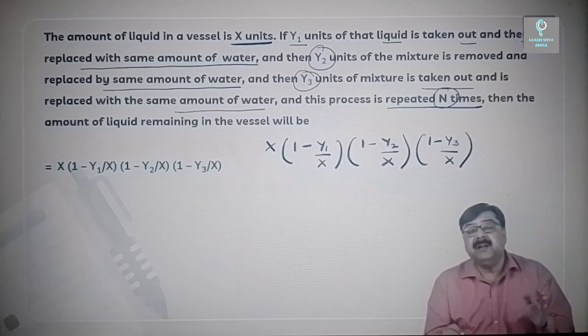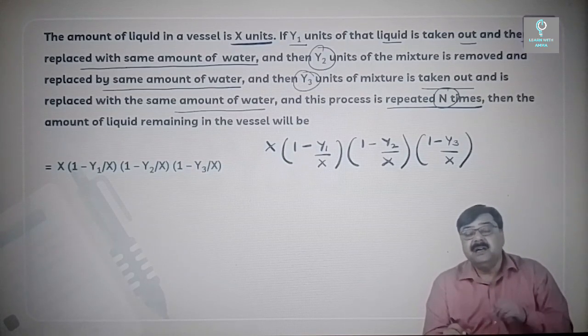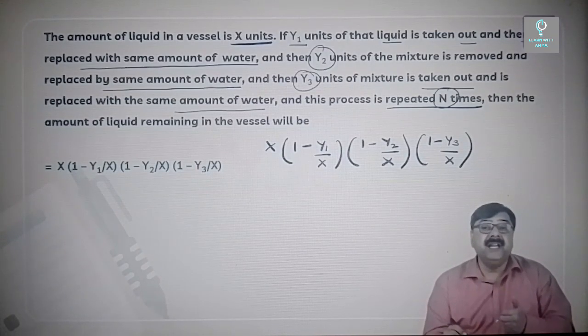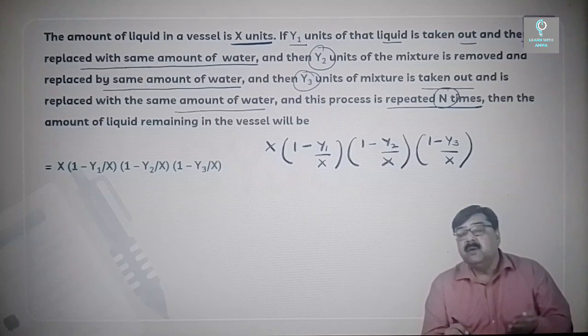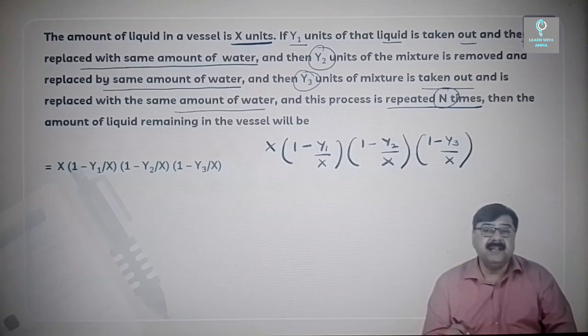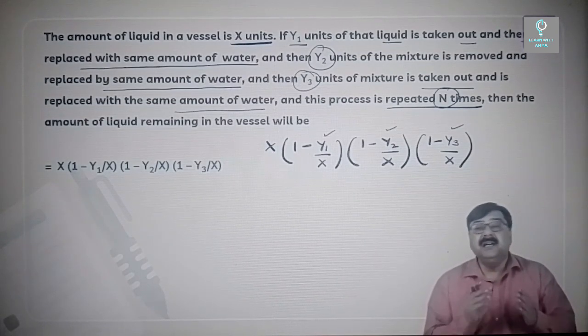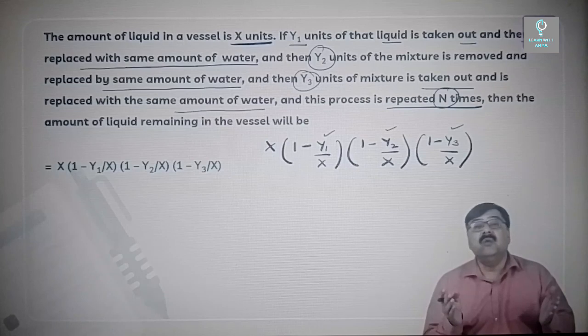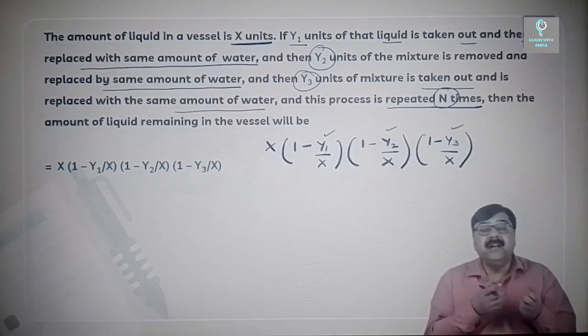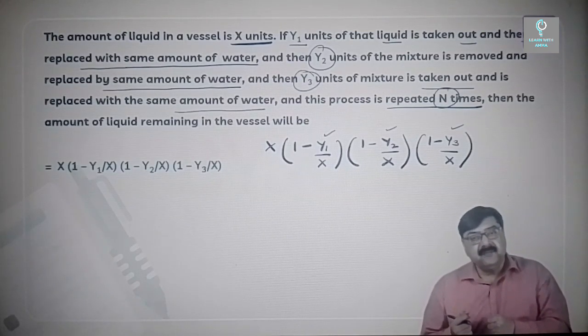Because every time a different quantity is being removed, which also means every time a different quantity of water is replacing the mixture. So the only difference is that y1, y2 and y3 represent the different amounts or quantities of liquid that has been removed from the vessel.